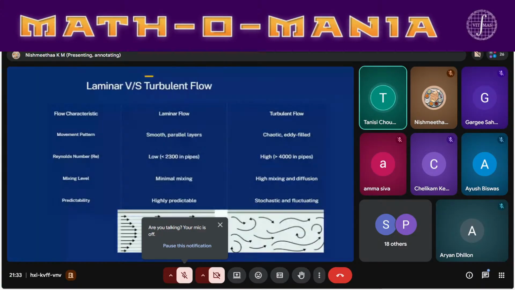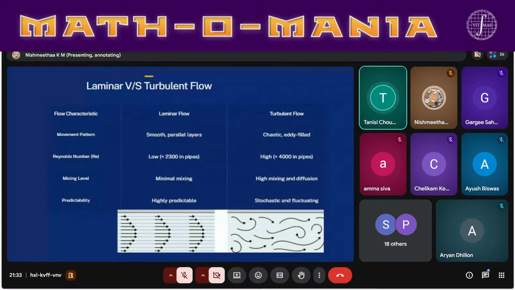Yeah. So now if we look at laminar or turbulent flow in the diagrams, we can see that laminar flow is a smooth flow where the fluid is moving in parallel layers without mixing. Whereas turbulent flow is very chaotic and occurs in eddies and vortices.